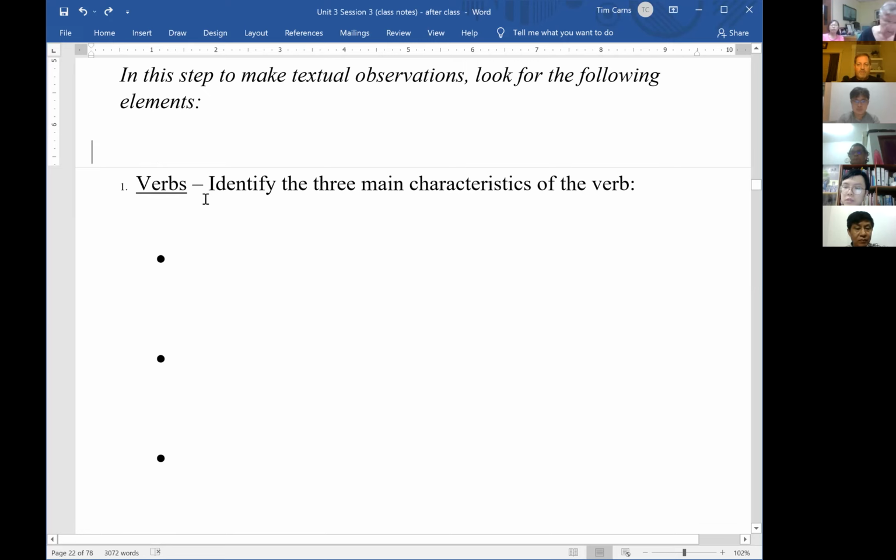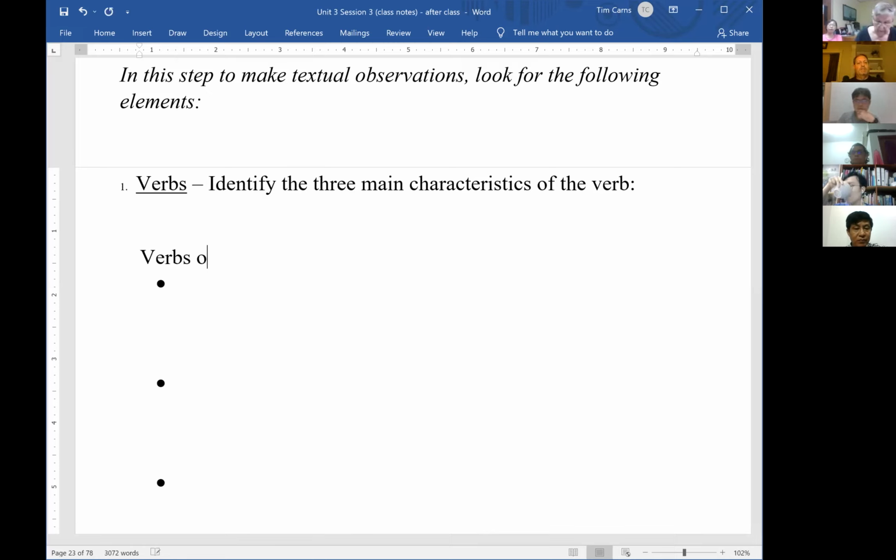So what I want to do with the time remaining is, because verbs are so important, spend a few minutes just talking about them. I know we've discussed verbs before, when we talked about verbs of action or verbs of being.